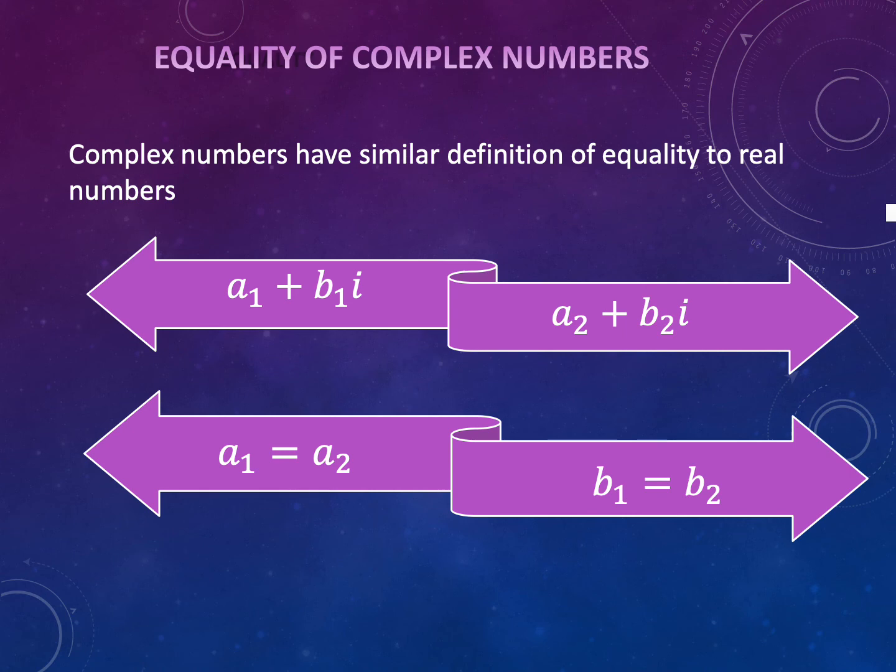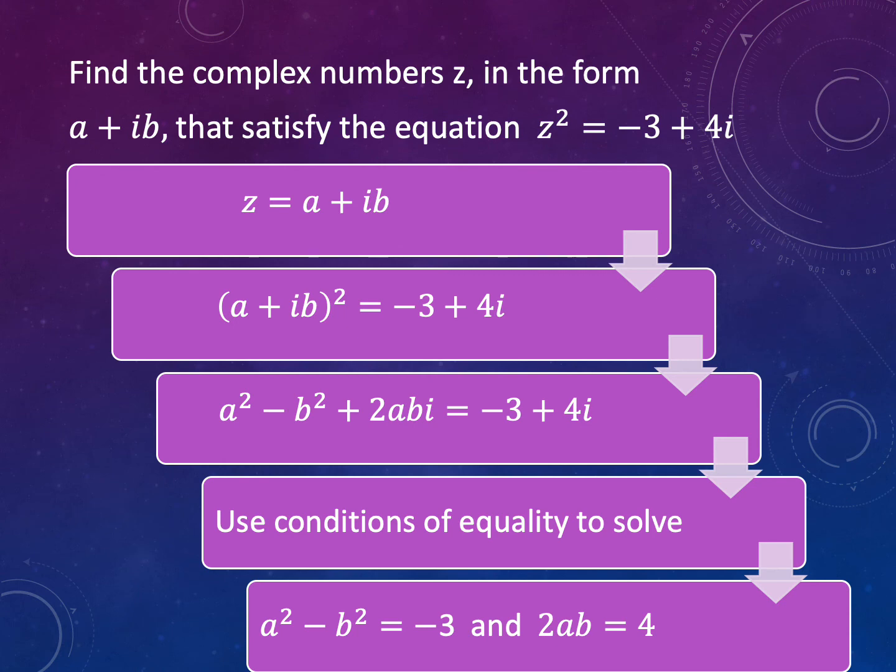Let's say the complex number a1 plus b1i equal to a2 plus b2i. So the real part a1 equal to a2, and the imaginary part b1 equal to b2. Use the conditions for the equality of two complex numbers to solve the problem.